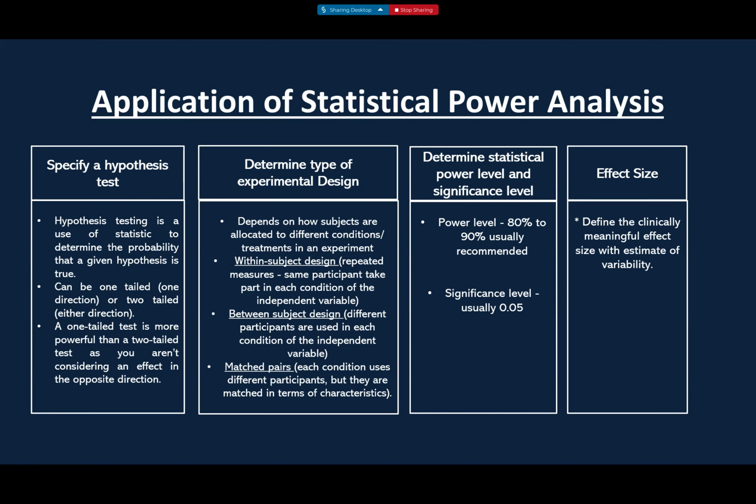What's the clinically meaningful effect size with estimate of variability? Effect size is usually determined either by prior literature review or by prior knowledge. And if there hasn't been any research study performed before, if it's a pilot study, then you estimate or assume what would be the effect size based off of clinical relevance.